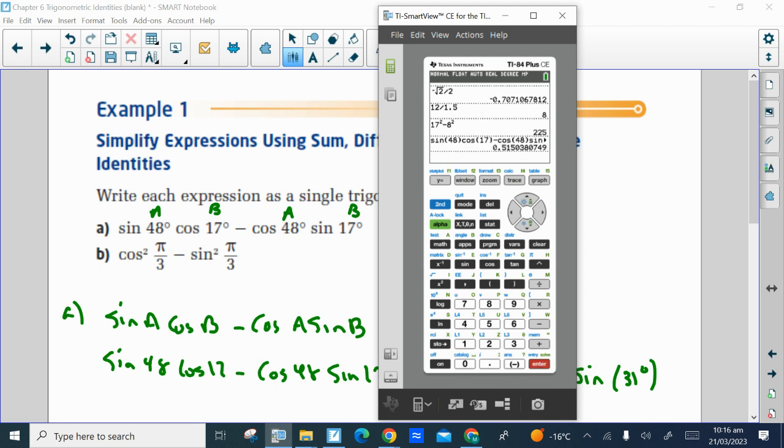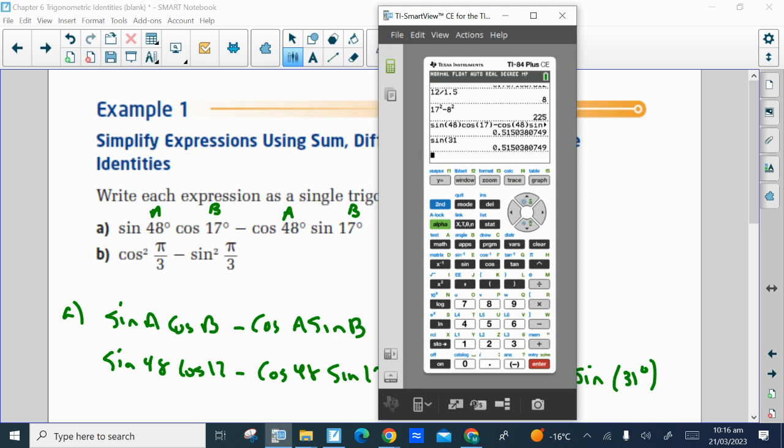It's an irrational number. We've said that expression is equal to the sine of 31, so the sine of 31 should give us the same irrational number, and it does.